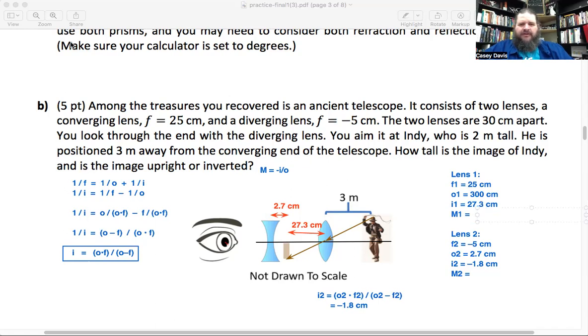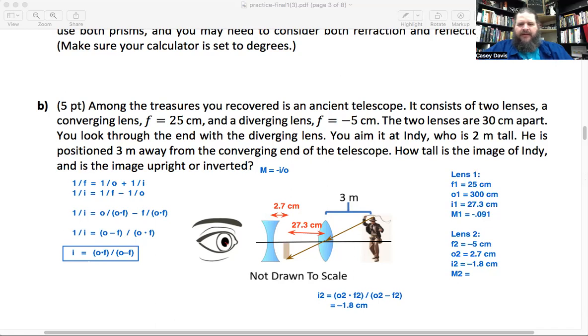So magnification I1 over O1 is going to be what fraction or what decimal? Negative 0.091, or do you want a ratio?